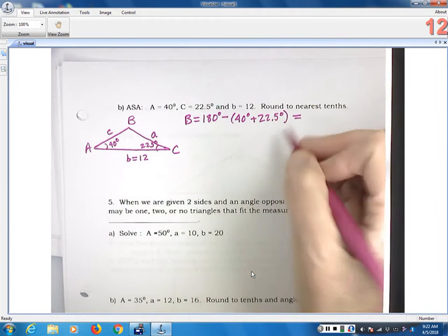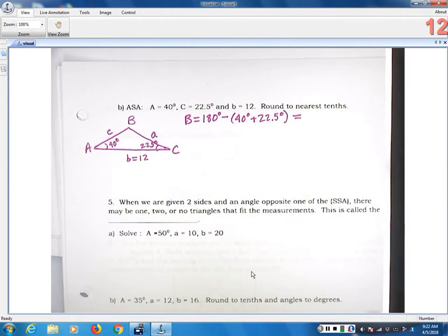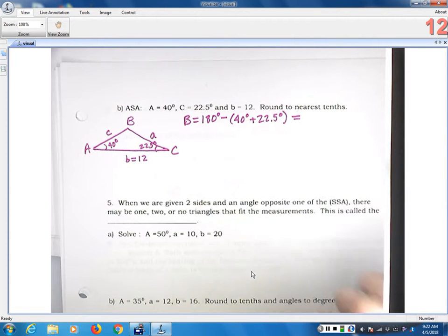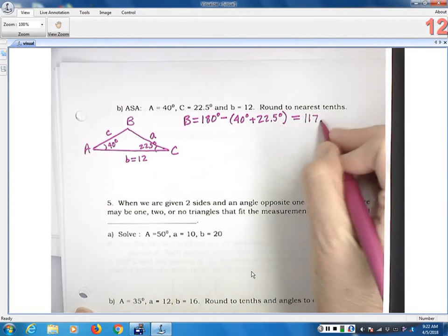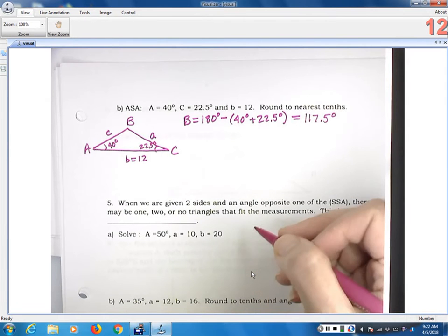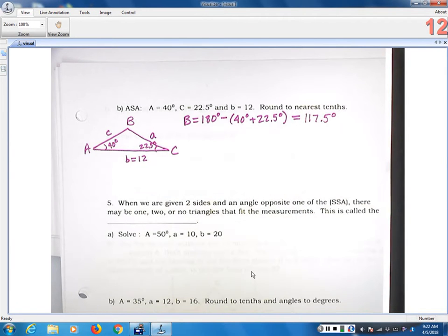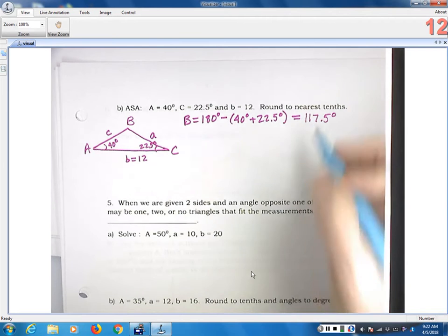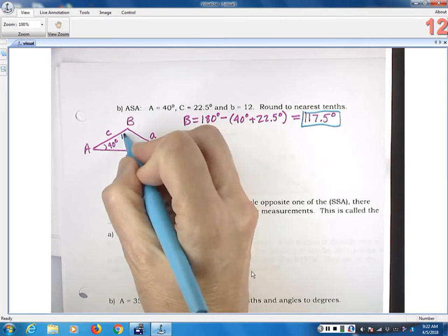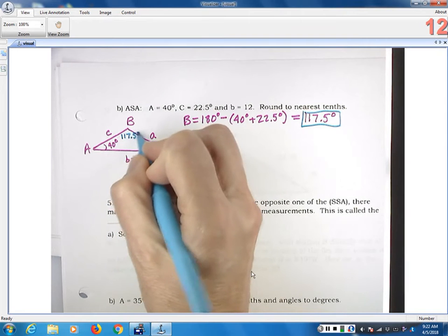And if you do that in your calculator, it's 117.5 degrees. Okay, so that's one answer. And then we do the rest just like before. So this is 117.5 degrees.